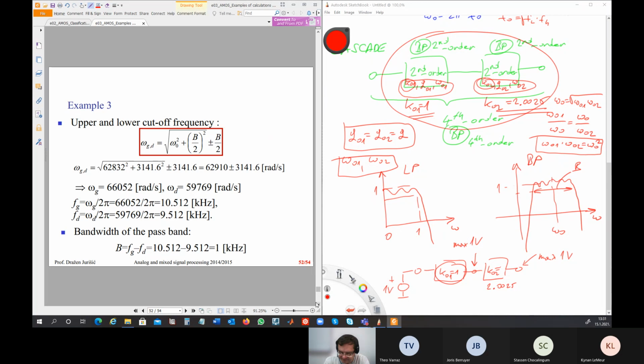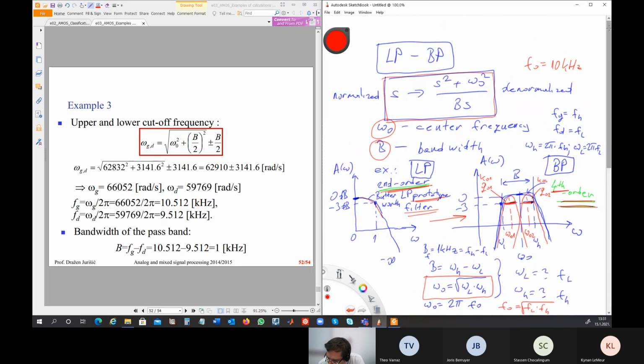If there is a need to calculate those two, omega L and omega H, which I said are Fg and Fd, where G means up and D means low, then you can use this equation. This equation is also easy to derive. You can look in the books. And we have the following two values.